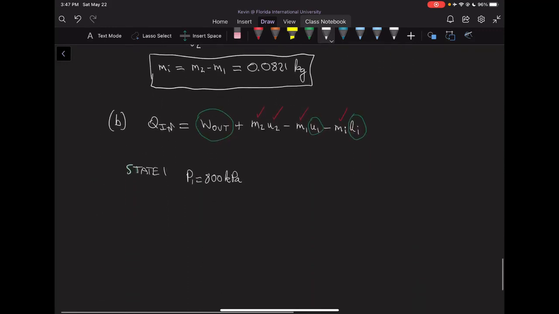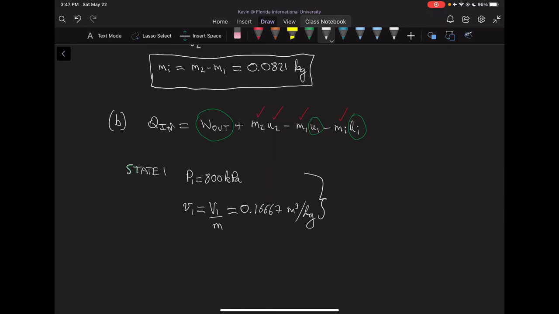So we can find our specific volume so that we can use our tables. Our specific volume is just the volume over mass. We're given volume, we're given mass. Therefore, we can say that the specific volume is equal to 0.16667 meters cubed per kilogram. And from here, we can figure out in our tables what our term is.